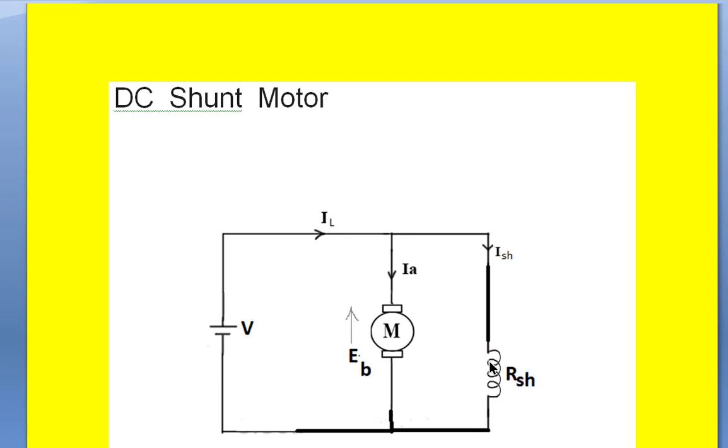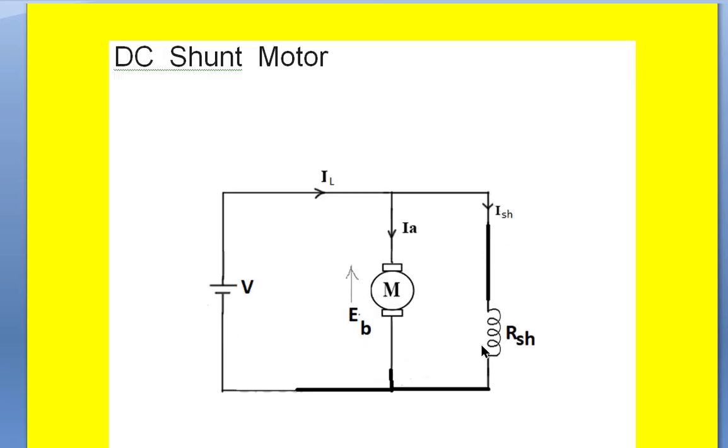Here the shunt field winding resistance is more than 100 ohms, sometimes 250 ohms, whereas the armature resistance is less than 1 ohm, that is 0.01 ohm, or in the maximum worst case 1 ohm. Because the shunt field winding resistance is very high, it draws very little current, approximately 10% of the main current.